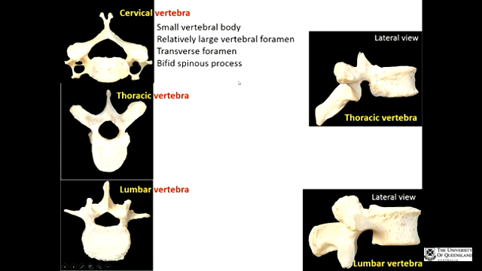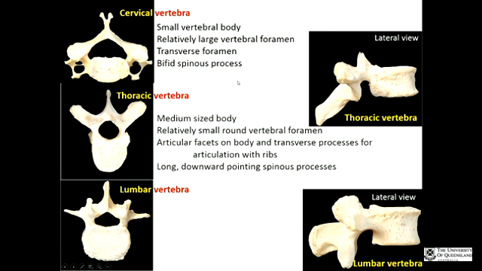In the thoracic vertebra, the body is now kind of intermediate in size between the cervical and the lumbar vertebra. And the foramen is smaller than the cervical vertebra because now a lot of the peripheral nerves that have gone off to service the upper limbs are absent from the spinal cord. So hence there's not as much neural tissue in this region.